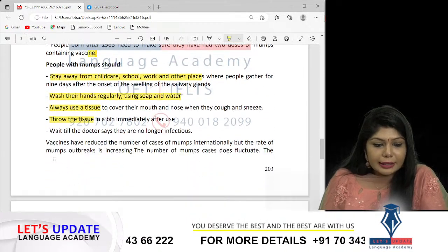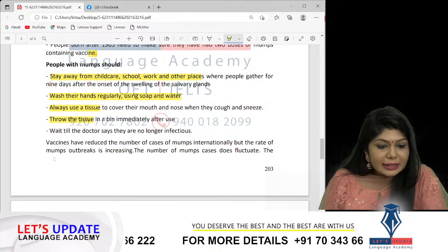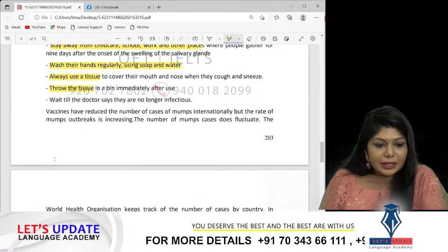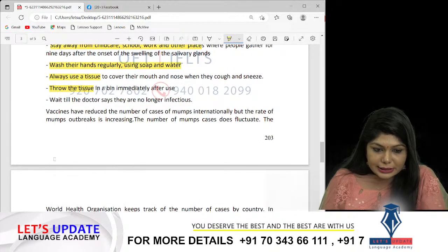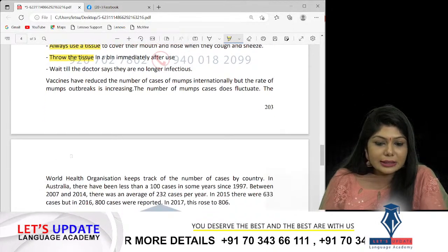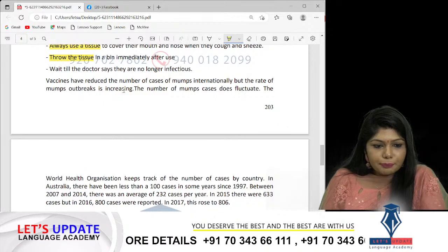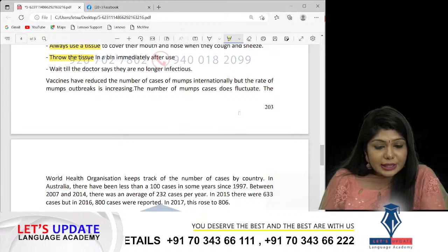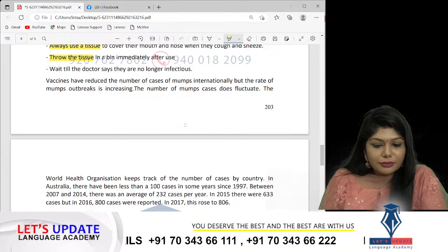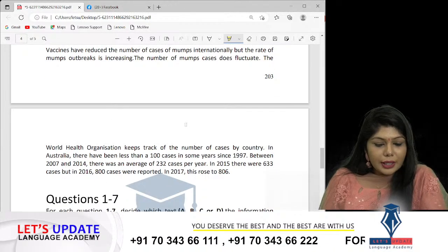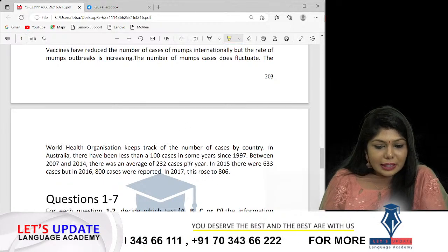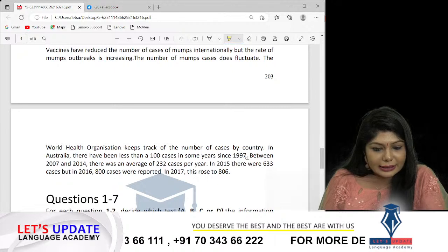And last sentence, vaccines have reduced the number of cases of mumps internationally, but the rate of mumps outbreaks is increasing. The number of mumps cases does fluctuate. The World Health Organization keeps track of the number of cases by country. In Australia, there have been less than 100 cases in some years since 1997.